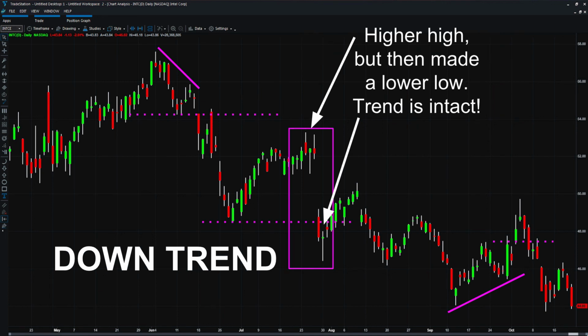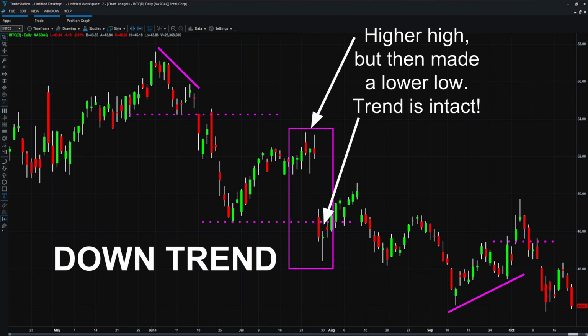Now, I want to point out one thing. In the middle here, there is a higher high. Okay, so you might think that, oh, well, it was a downtrend. It was making lower lows and lower highs, but then all of a sudden it made a higher high. So wait a minute, that doesn't fit. Well, yes, it does, because it did make a higher high, but it then made a lower low. So the trend was still intact.